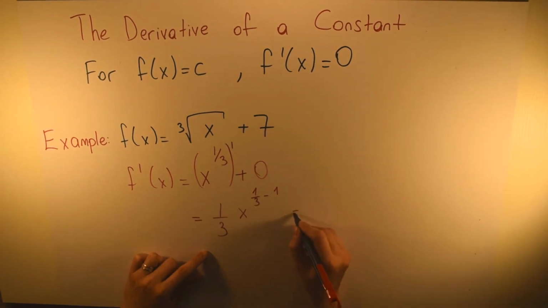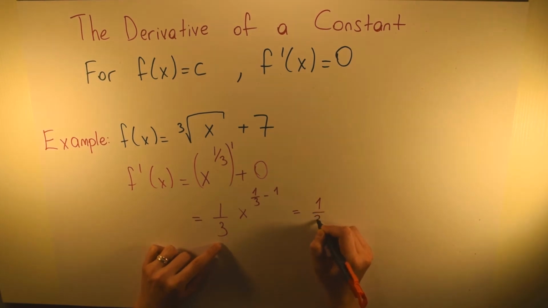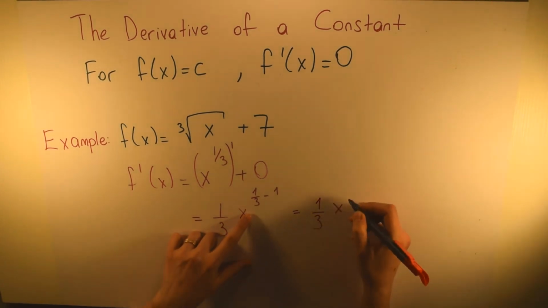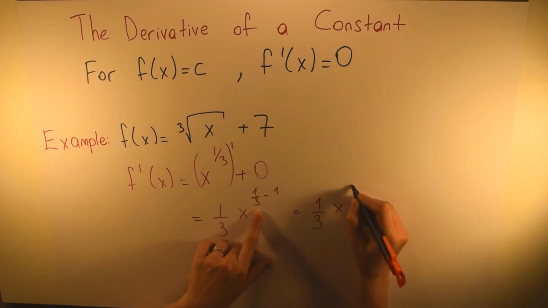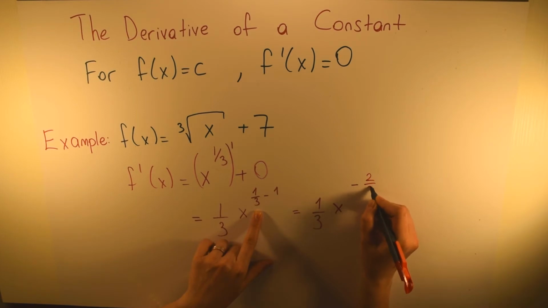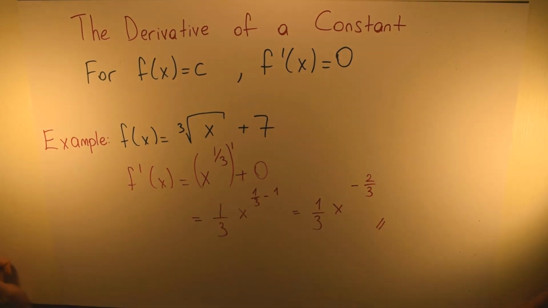Okay, so here we will get 1 over 3 x to the power of, it's 1 minus 3, it's minus 2, so it will become minus 2 over 3. So this is the answer for our example.